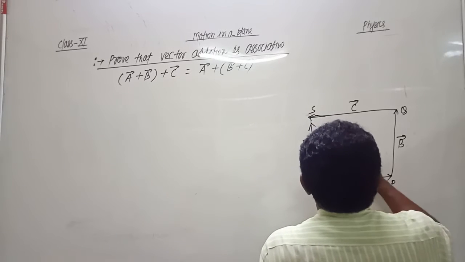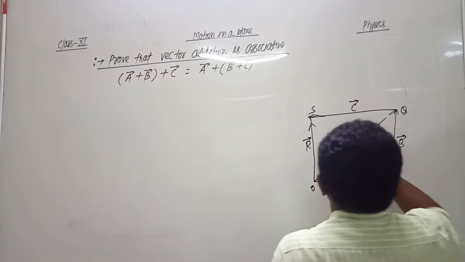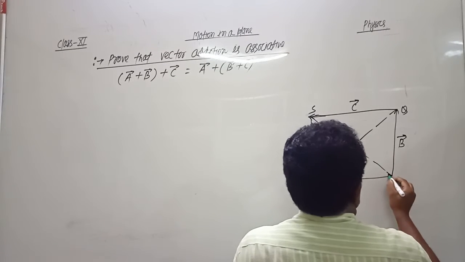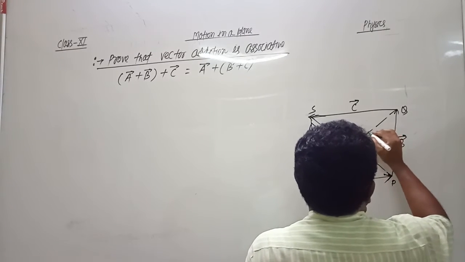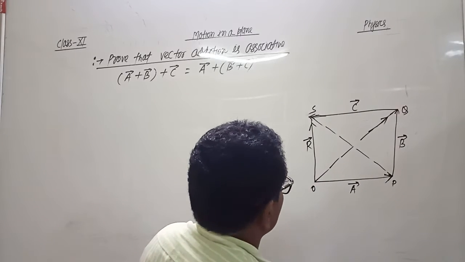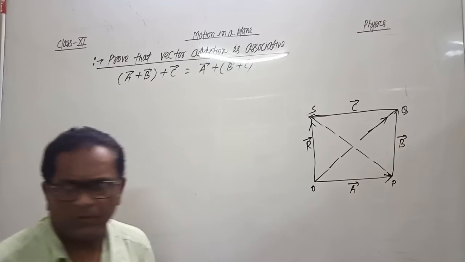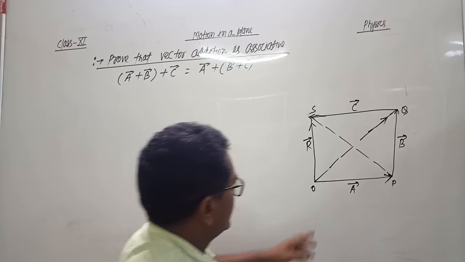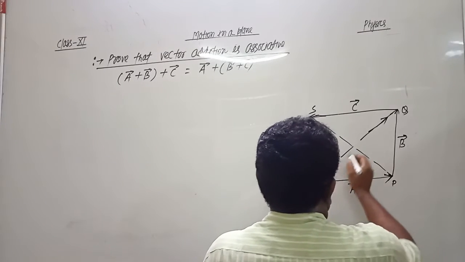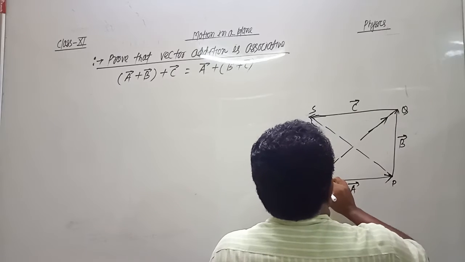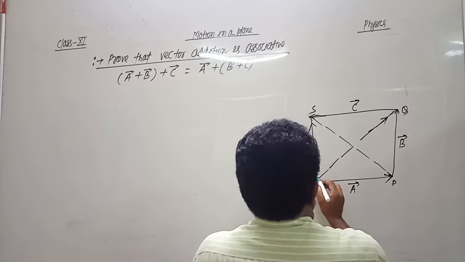Now draw the diagonals. Here we have OP vector, PQ vector, and this is OQ vector.